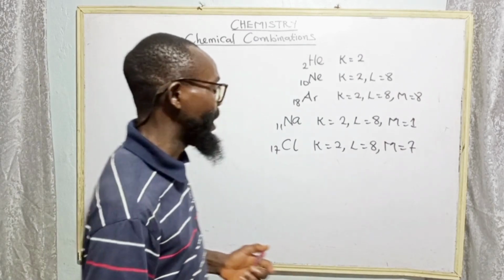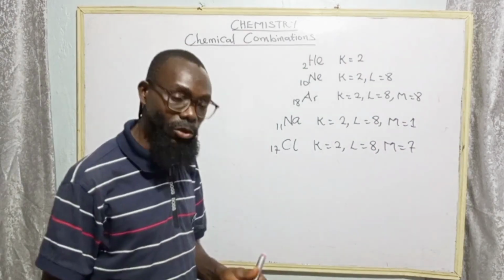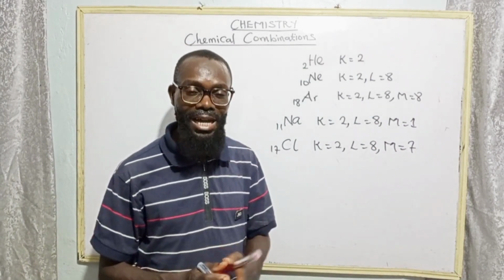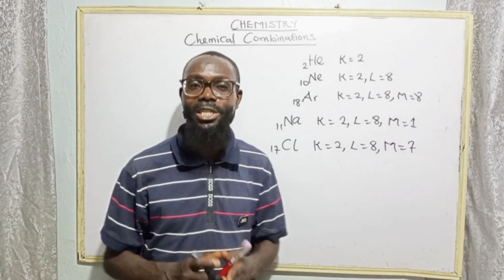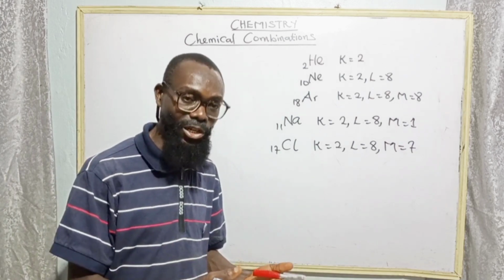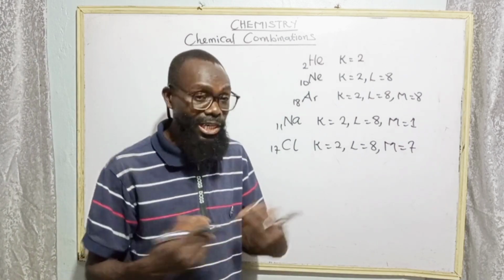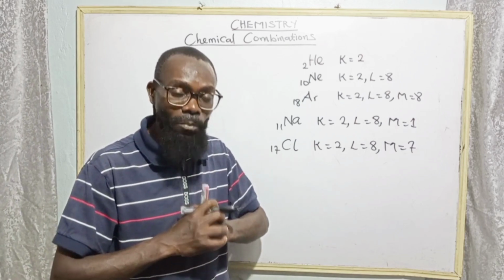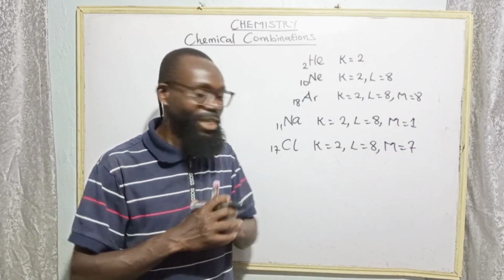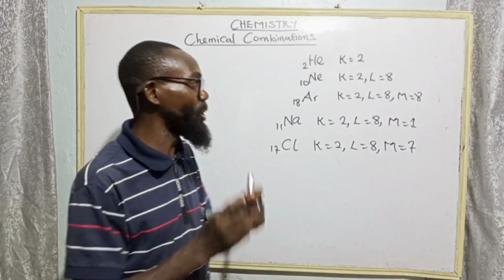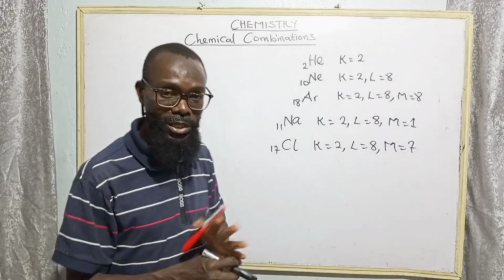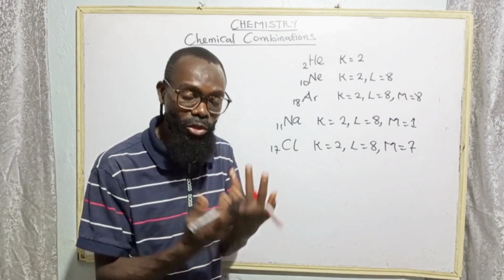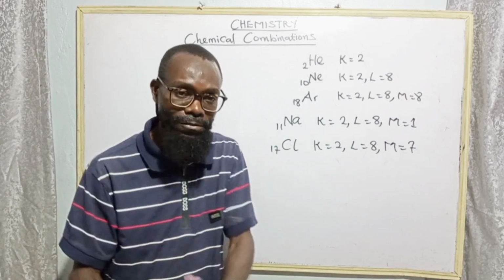So anytime we have unstable atoms, they tend to either donate or lose electrons, or they gain electrons, or they even share electrons in order to form a stable compound or a stable atom. This process is what we call chemical combination, when they are looking for a way of stability.